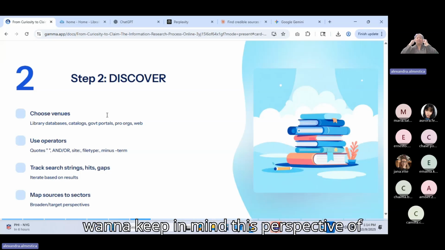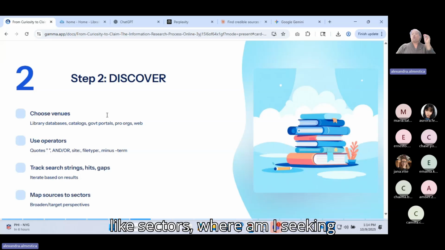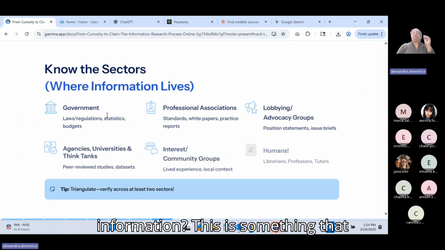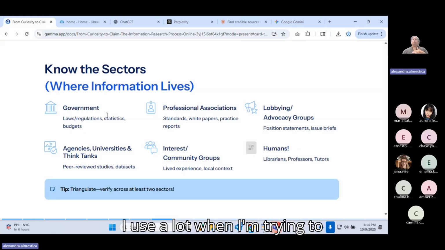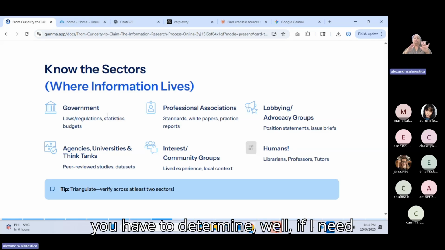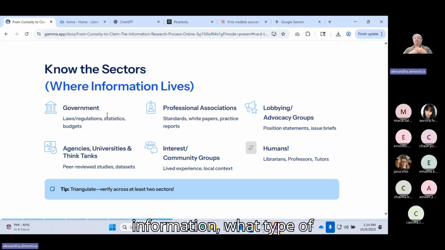And then you want to keep in mind this perspective of sectors. Where am I seeking information? And this is something that I use a lot when I'm trying to ground my search, knowing where I am at. Okay. So sometimes you have to determine, well, if I need information, what type of entity is going to give me that?